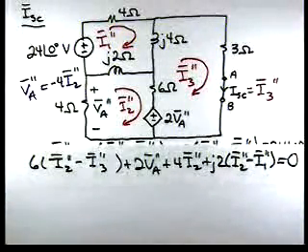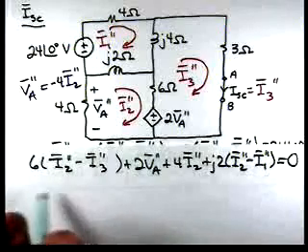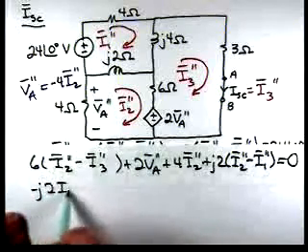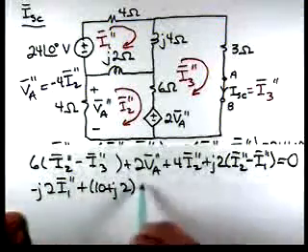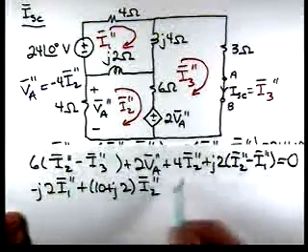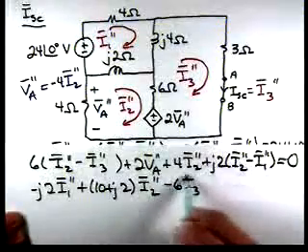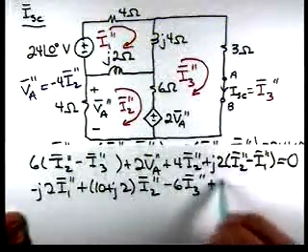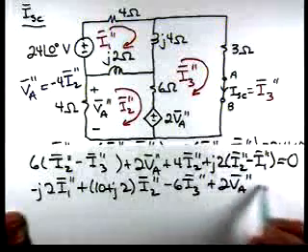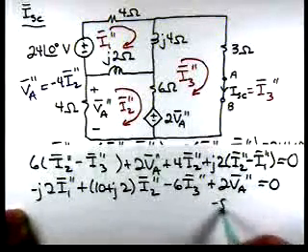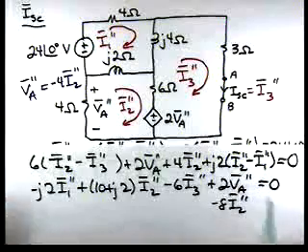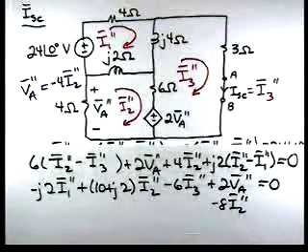And if we start simplifying, we'll get minus J2 I1 double prime plus (10 plus J2) I2 double prime minus 6 I3 double prime plus 2 VA double prime. And we know that this will become minus 8 I2 double prime. And we'll make our substitution.